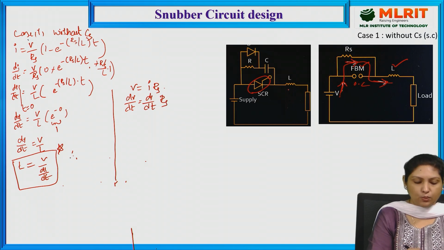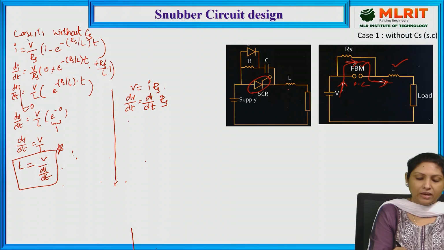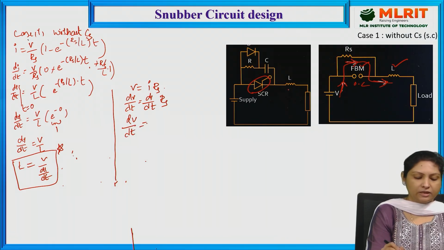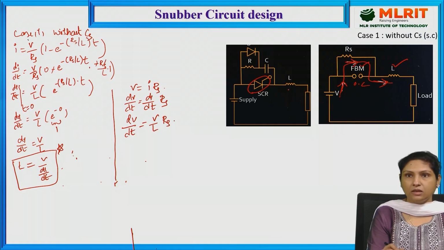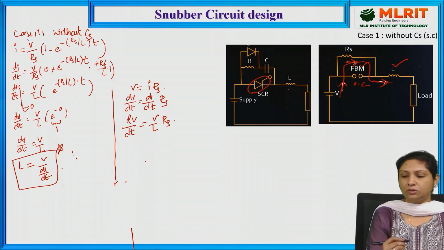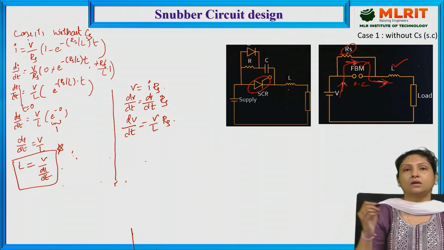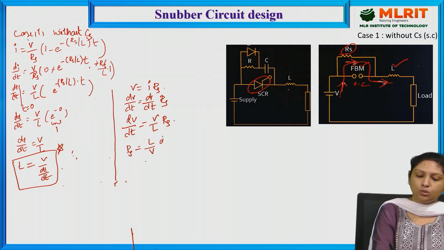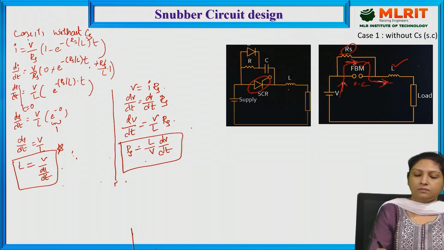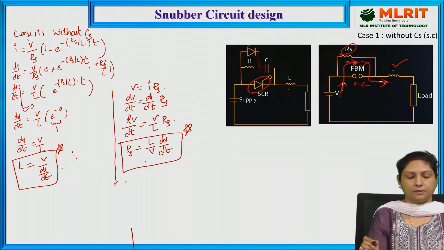And from this equation we have di by dt is equal to V by L. Let me substitute the same. In that case, my requirement is, in order to find out the suitable value of the resistance which is to be connected. So Rs is equal to L by V into dV by dt. So this is my requirement Rs.